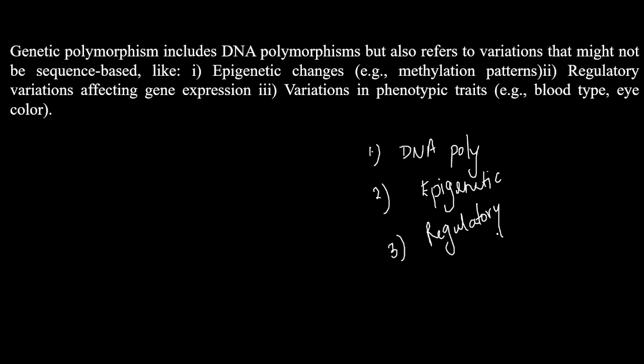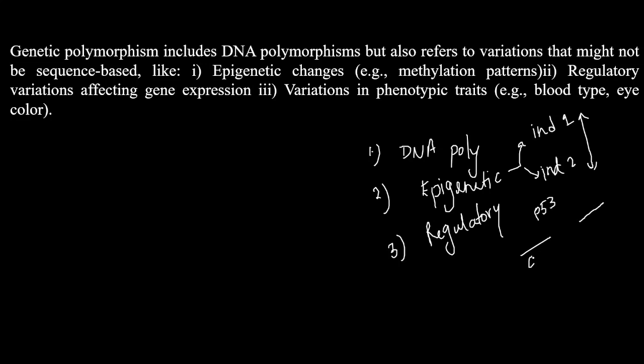So if we talk about the epigenetic changes, for example, if you have two individuals, individual 1 and individual 2, these two individuals have, let's say, one gene, P53. Both of these individuals have the same sequence, but their methylation pattern is different.